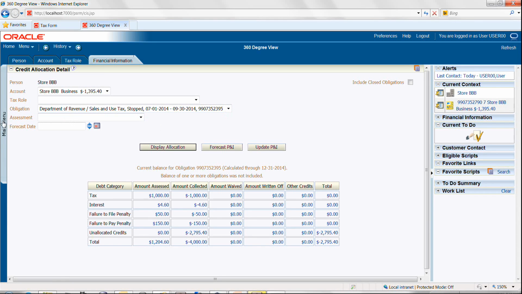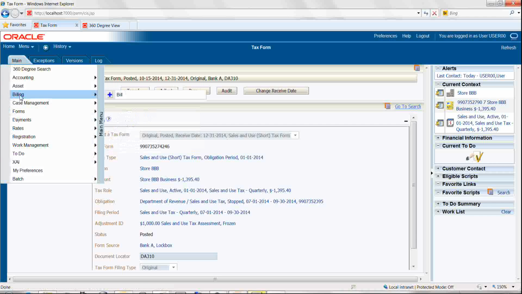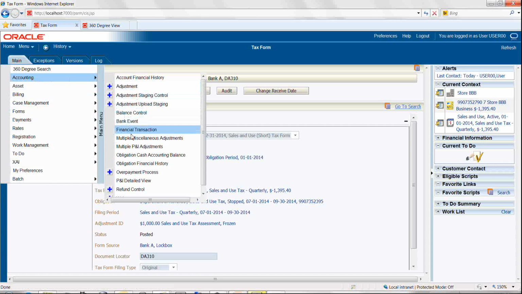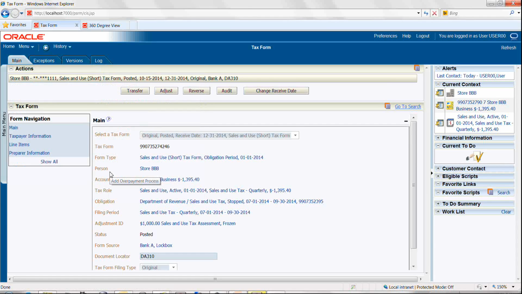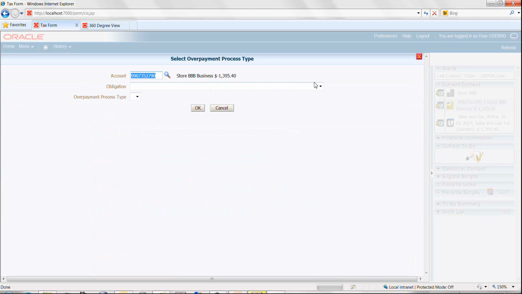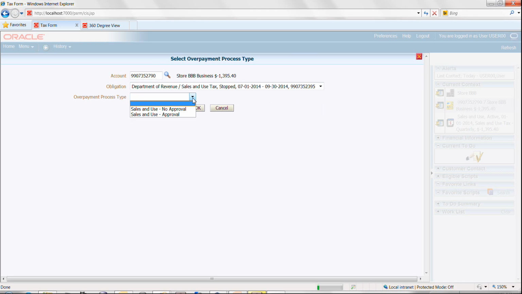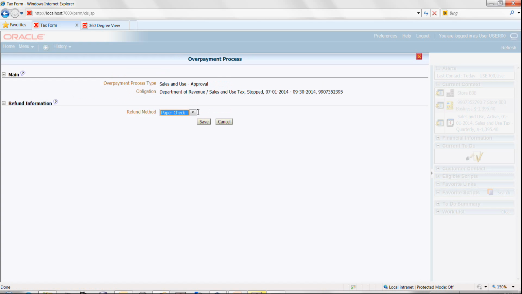So now let me create another overpayment, and I'm going to do this one for the third period. I'm going to use the approval. Let's see what happens. Now I'm going to use a direct deposit.